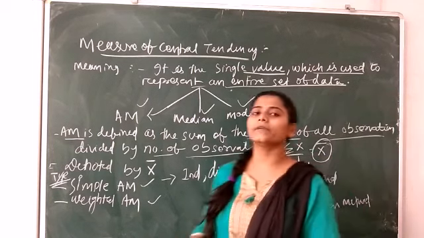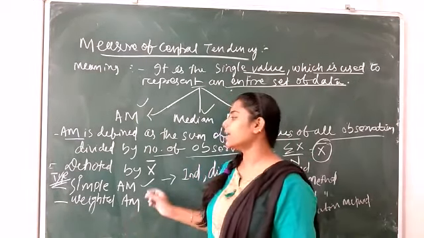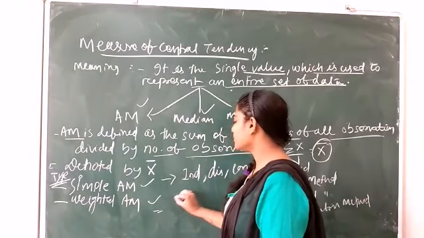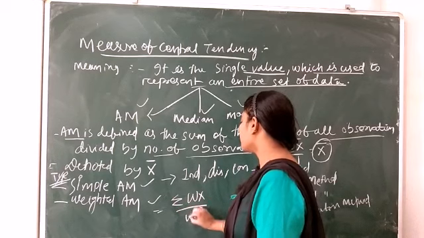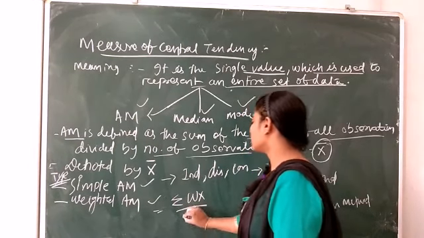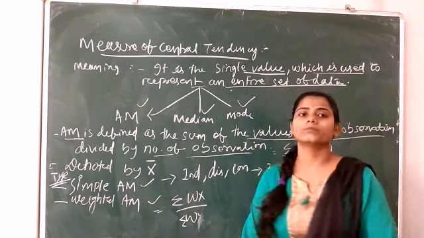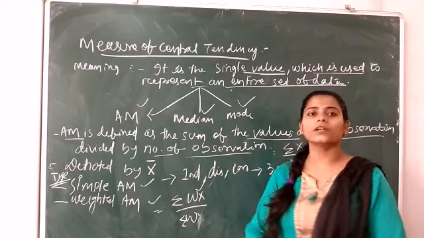And in weighted arithmetic mean, weight is also assigned and you can calculate easily, and the formula is summation of wx divided by summation of w, where w stands for weight.